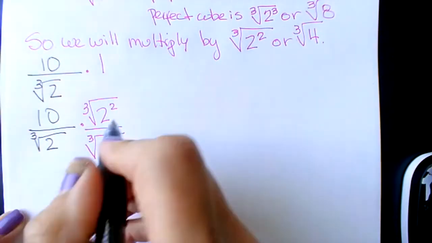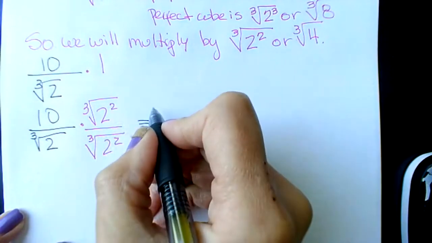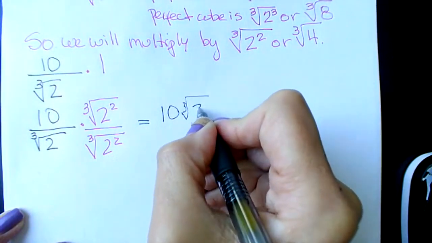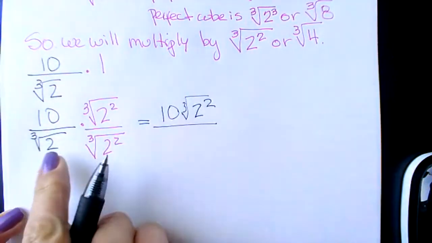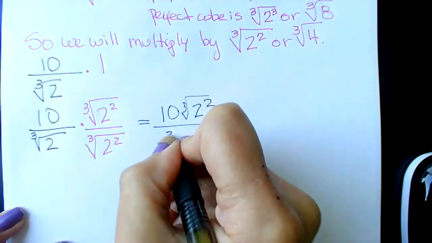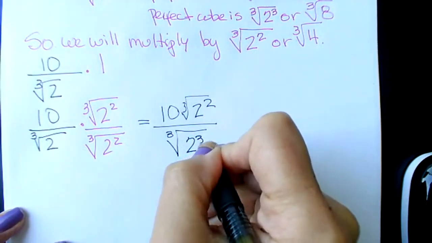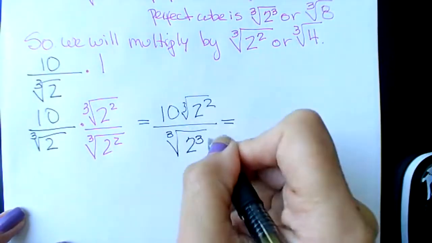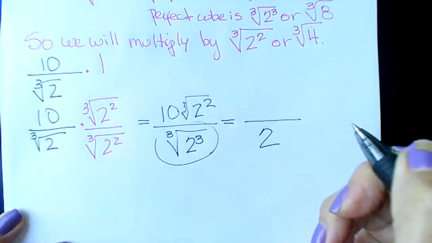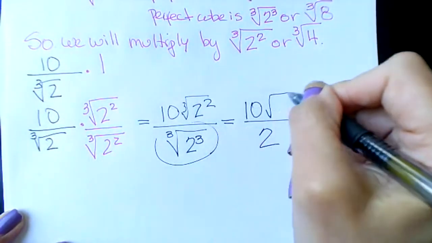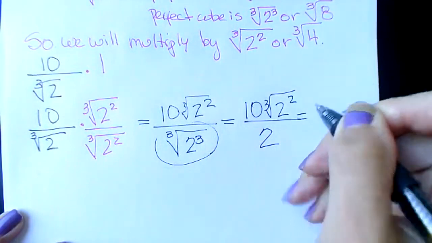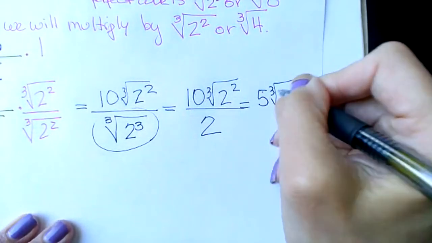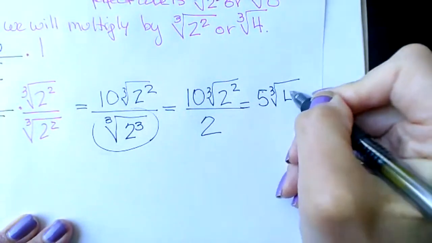So what do I get? I get 10 times the cubic root of 2 to the second power, and right here, what do we have? The cubic root of 2 to the third power. And what is this? This is 2, right? All right, and when I have a 10, 10 divided by 2 is 5. So my answer is going to be 5 times the cubic root of 4.